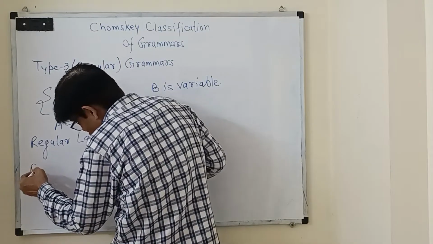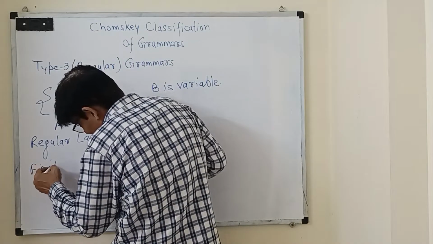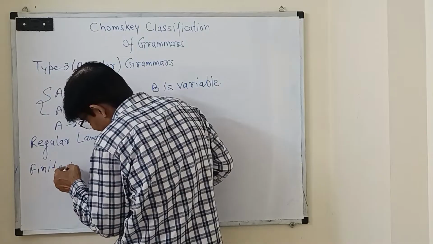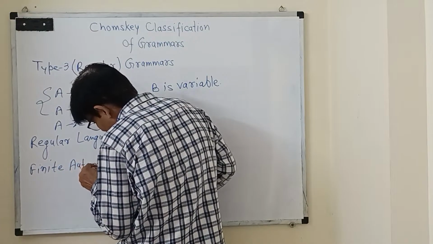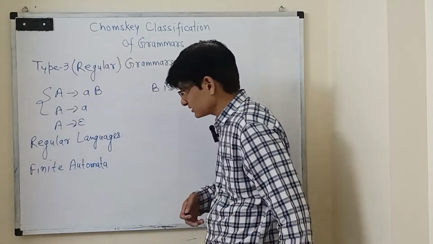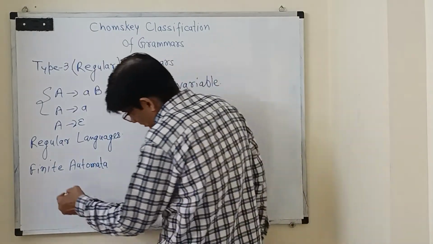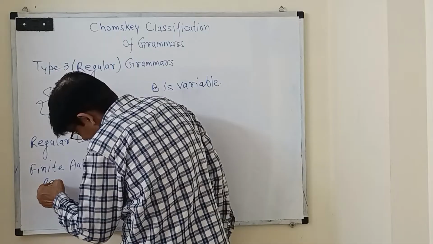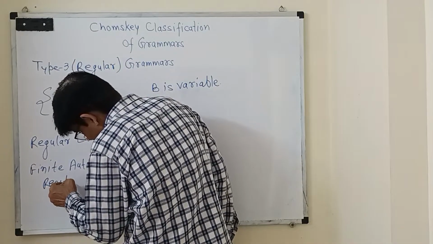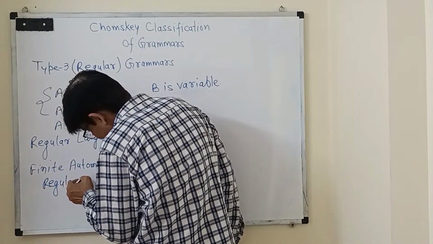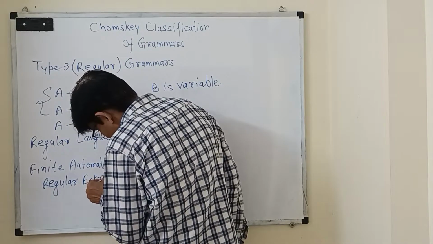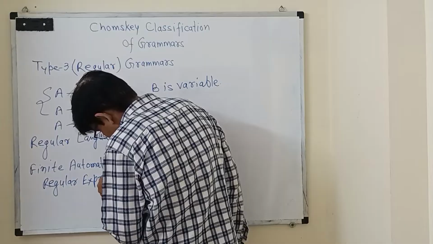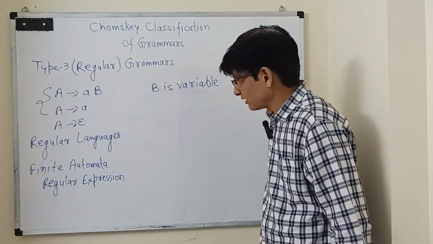We use finite automata to represent or implement regular languages on a computer system. You can also use regular expressions to represent regular languages. Regular expressions are one more way to represent all these languages.